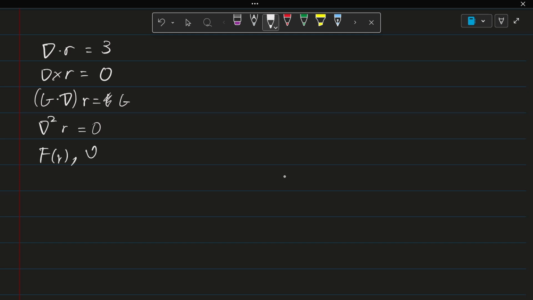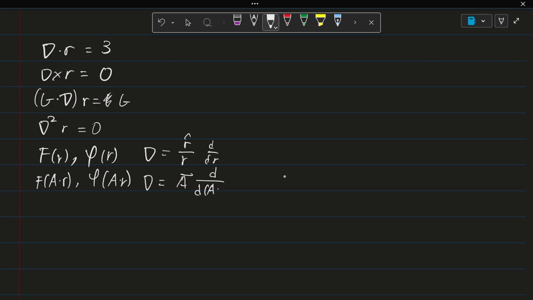So f(r) or phi(r), you would get your vector differential operator to be r hat, over r, d over dr. If there's a function that depends on a dot r, or phi(a dot r), you would get your nabla to be the a vector times the derivative with respect to a dot r.